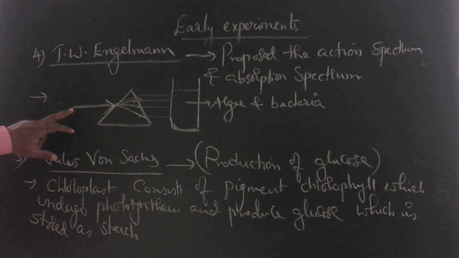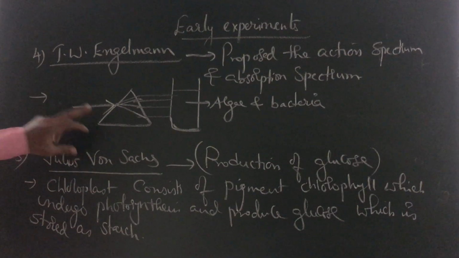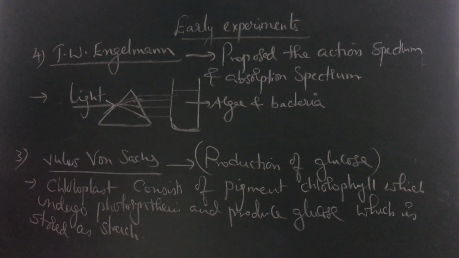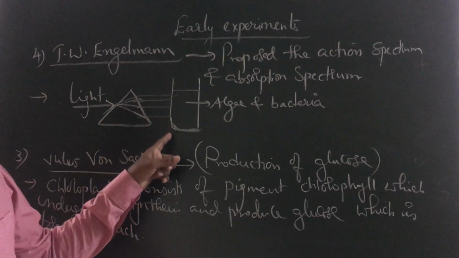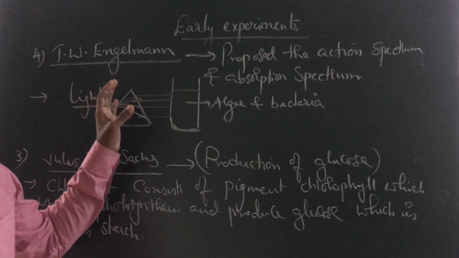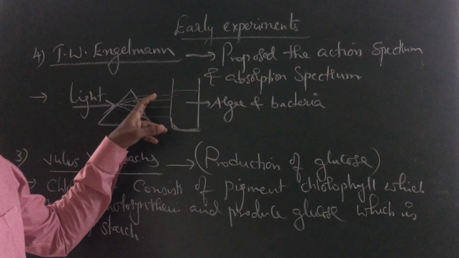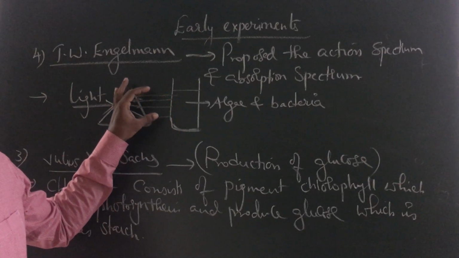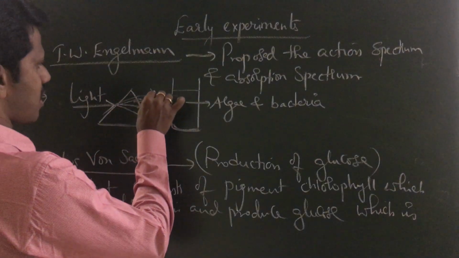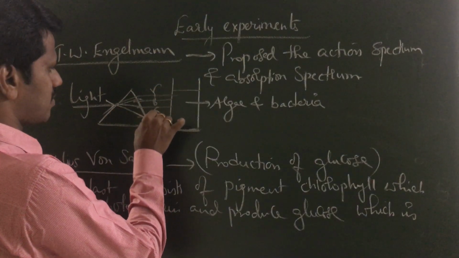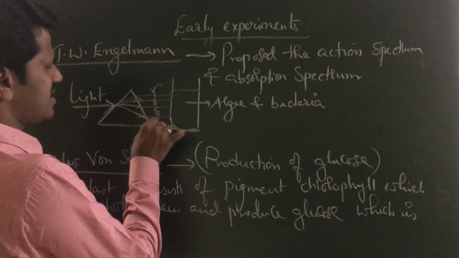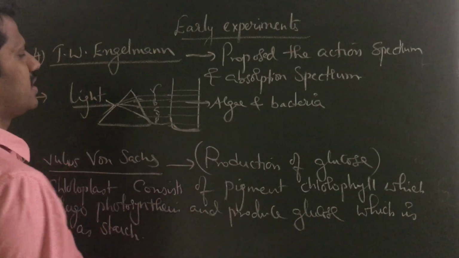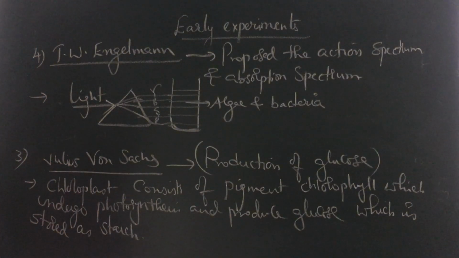So when the light falls on the prism, it disperses, and then the different wavelengths of the light, say suppose VIBGYOR, pass through the medium containing the algae and bacteria.